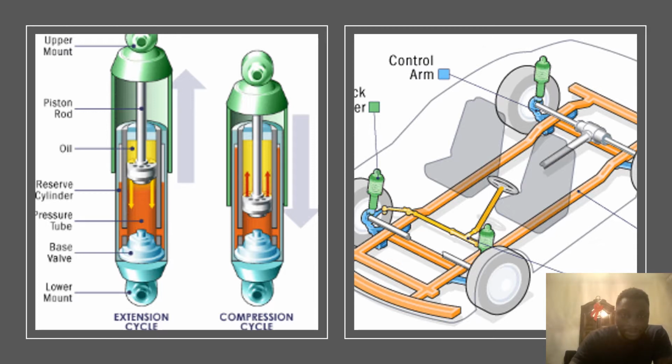This is an example of a damper right here, with an extension cycle and a compression cycle, as you can see in the picture. These dampers help when the car goes over a bump and the springs begin to bounce up and down. The dampers help to dissipate that energy quickly, so the passengers don't feel the bouncing of the car.